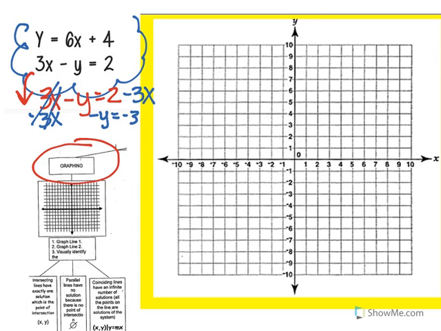So negative 3x, and then there's no sign in front of the 2, so we know that's going to be positive. So now we're left with negative y. So we have to divide by negative 1 to get y by itself, so that there's no negative in front of that y. So negative 3x divided by negative 1 is going to give you a positive 3x. And then 2 divided by negative 1 is going to give you negative 2. So now we can graph these two equations because they're written in slope-intercept form.